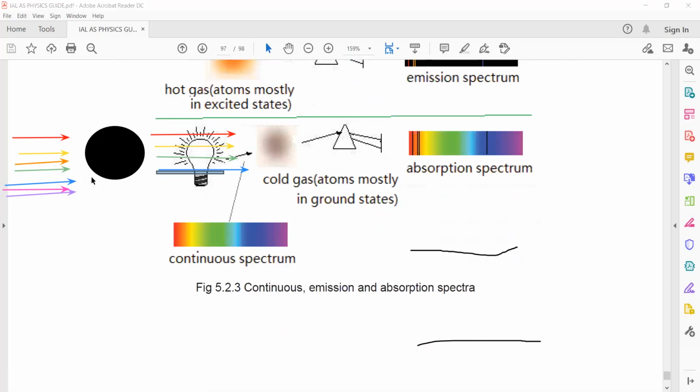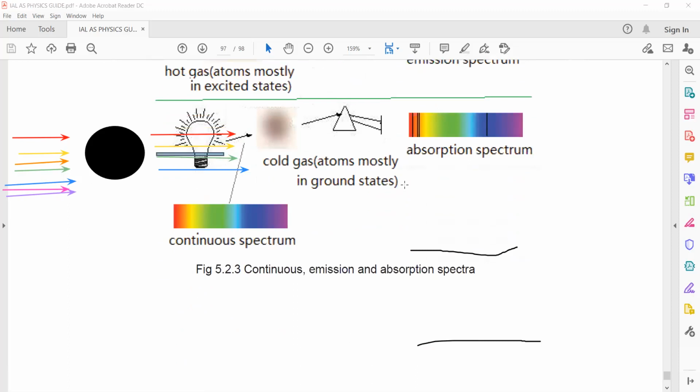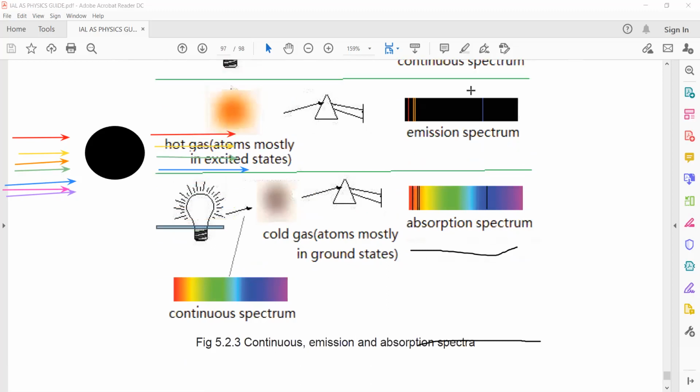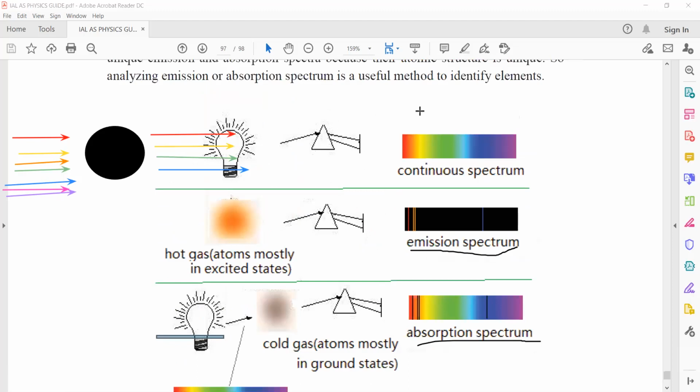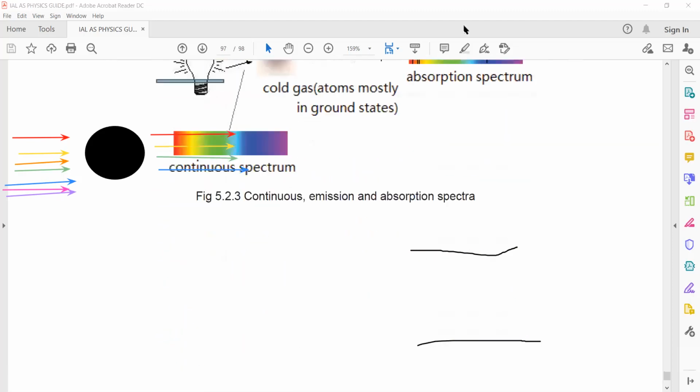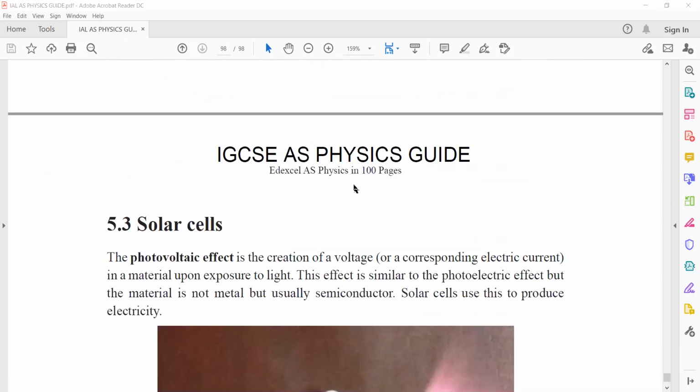So we pass the light, very few colors are absorbed, we call it an absorption line spectrum. When electrons return back, they give out specifically what they absorbed, they release that back. We call that an emission line spectrum. And if we see all the colors, then we say a continuous spectrum, or a band of color we see.